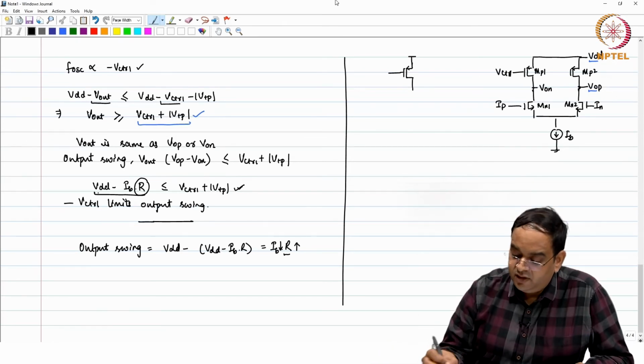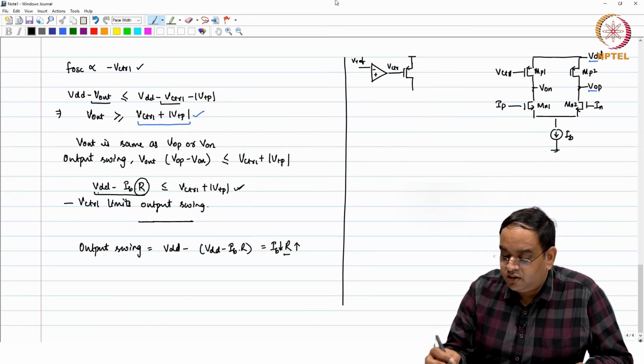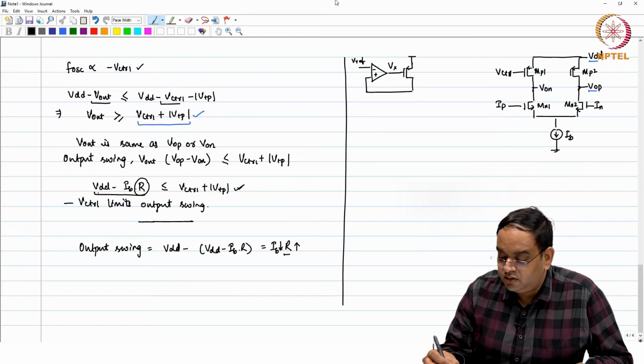If I want to keep the fixed output swing, I will give this as a reference voltage and control, let us say, Vx.